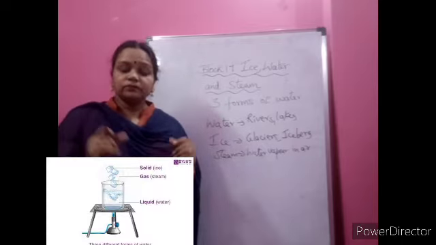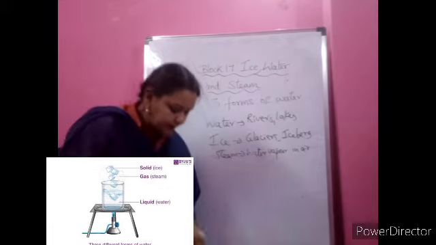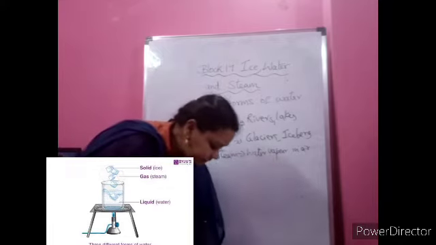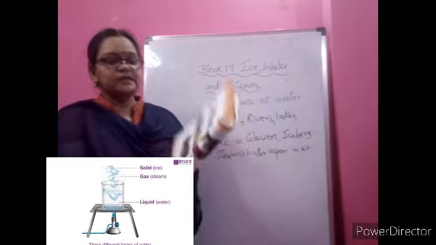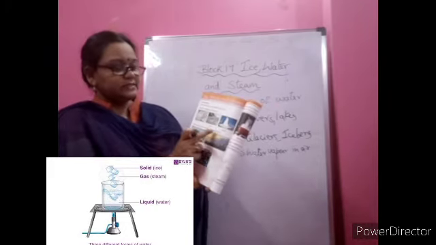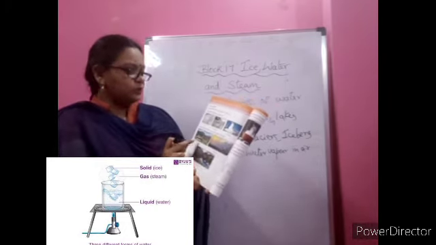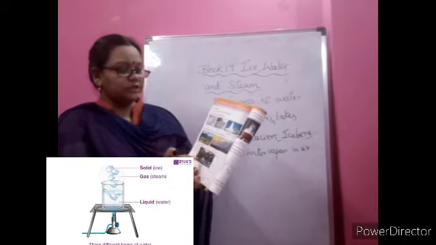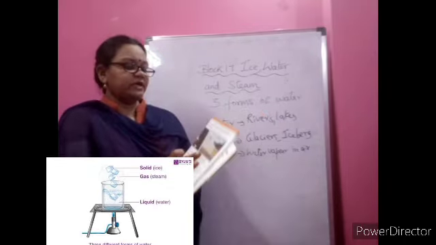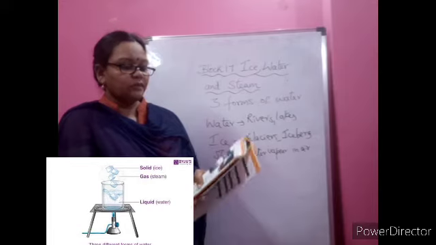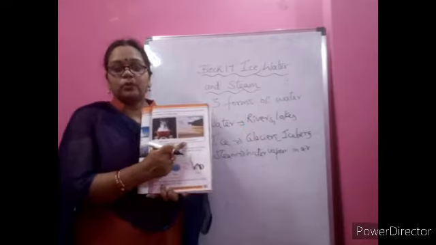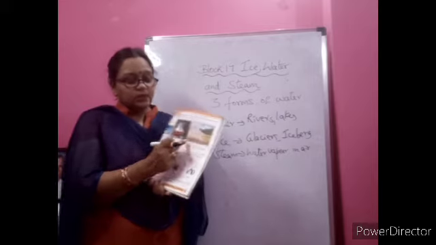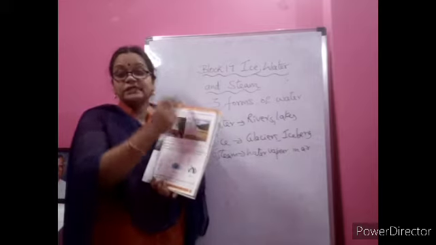Now in your textbook you can see the beautiful pictures showing where we can find ice, glaciers, icebergs, and also the river, ocean, lake. And see here, children, we see steam or water vapor coming when it is present. Even in a hot water spring, there also you can see the steam coming out.